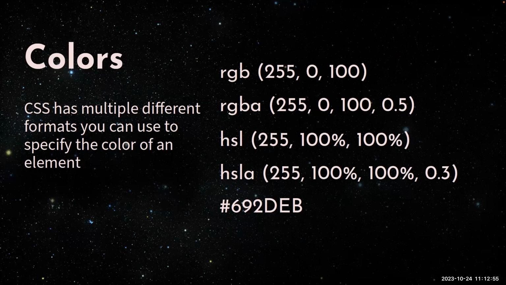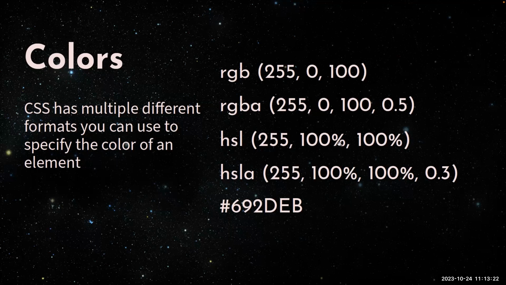The hue is a number between 0 and 360. And this is the color on a wheel, where 0 and 360 is red, and then 120 is green, and 240 is blue. And then the colors in between, you would find those values.